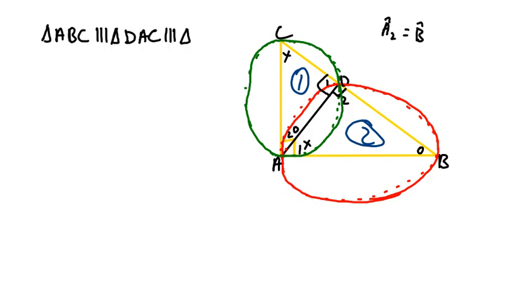triangle number 2. I always want to start at a what? At a right angle. So it's a D. Then if I look at the previous one, I said DAC. So the angle which is equal to angle A2 is angle B. So I must say B. And then obviously I must say angle A1, which is equal to C there.